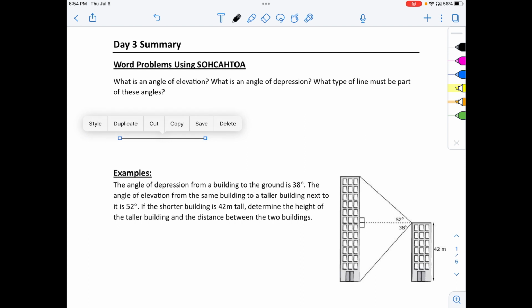We could picture the angle of elevation as opening from the horizontal up as so. And if we labeled that theta, this would be the angle of elevation.